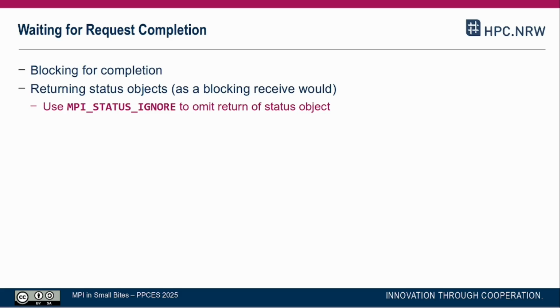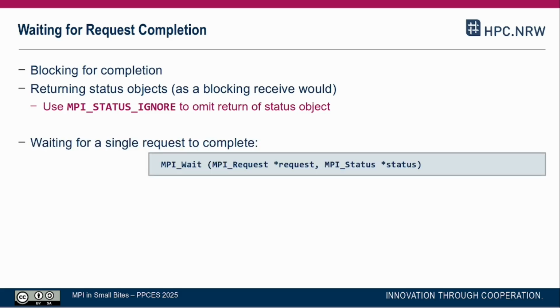If you need to investigate the status object, provide a status object, so MPI can fill it. If you don't, provide MPI_STATUS_IGNORE, and then this status object is omitted. So within the family of blocking completion for non-blocking communication, you have a call that's called wait, and the whole family has wait and then some suffix to it. The easiest one to understand is MPI_Wait, which gets a single request and returns a single status.